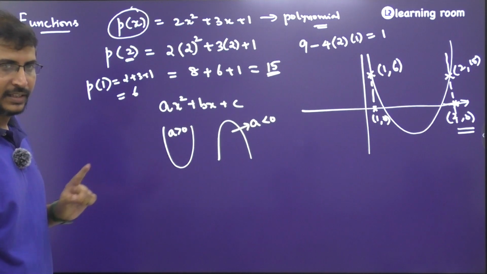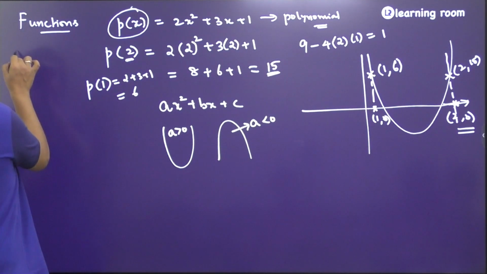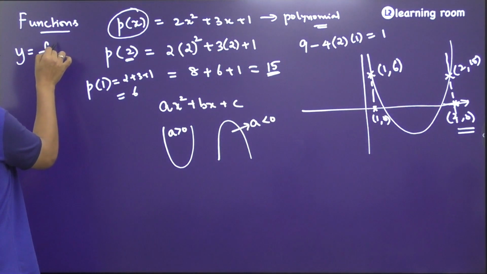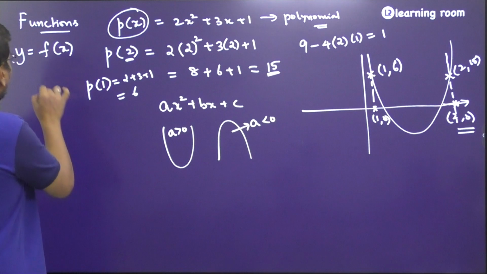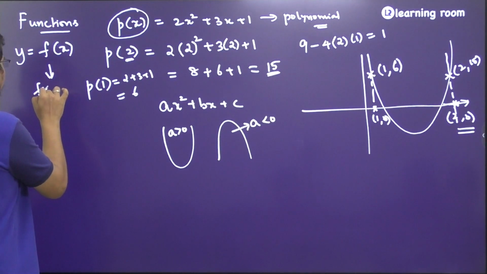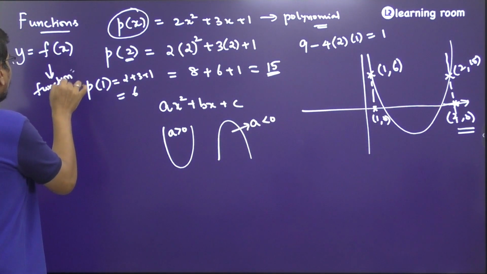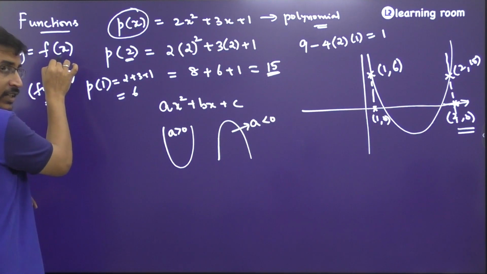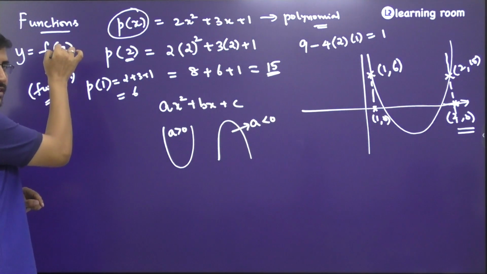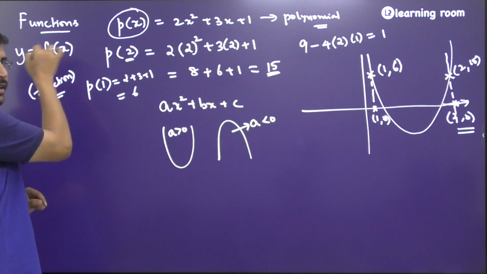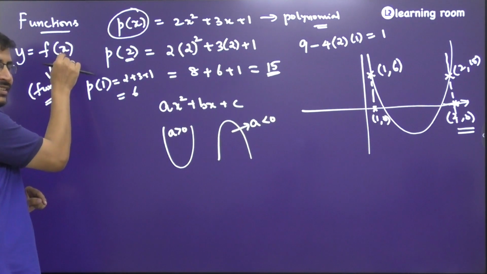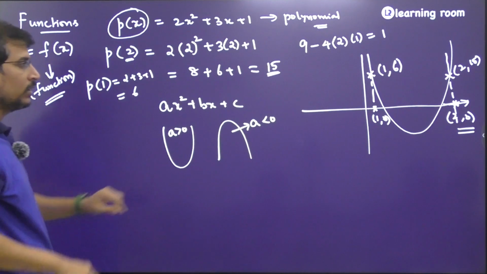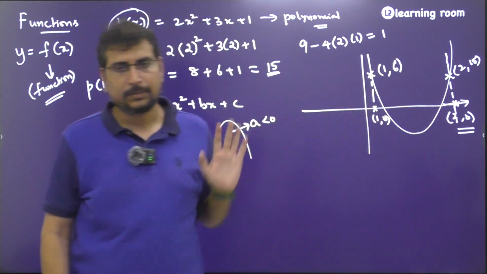In a similar way, if I write y is equal to f of x, then I will call this a function of one variable. As you keep changing the input variable, you will get different outputs. Meaning, as you keep giving the value of x, you will get the value of y so that you can plot something like this on the graph sheet.